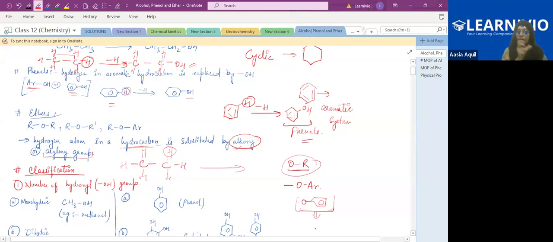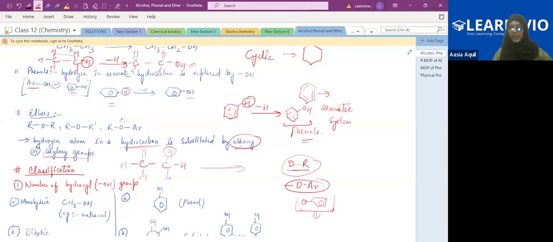And if you replace the hydrogen in an aromatic hydrocarbon by an aryloxy group, which is OAr, you will get ROAr. These are known as ethers. Any doubt? Is it clear? Yes, ma'am.